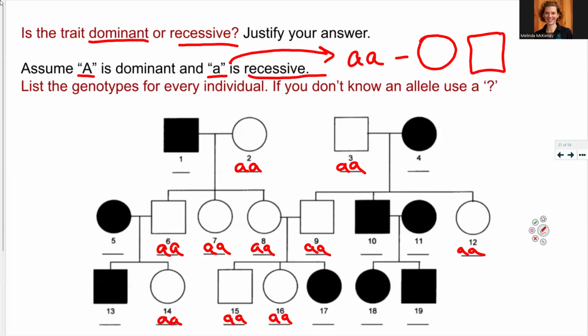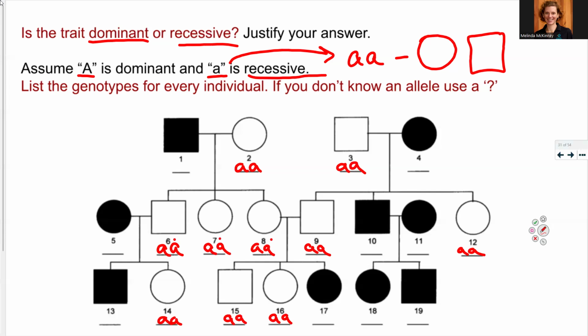So if I start over here with, well, looking at these offspring, and you can't see me, so I'm actually looking at number 6, number 7, and number 8. So these are all homozygous recessive.